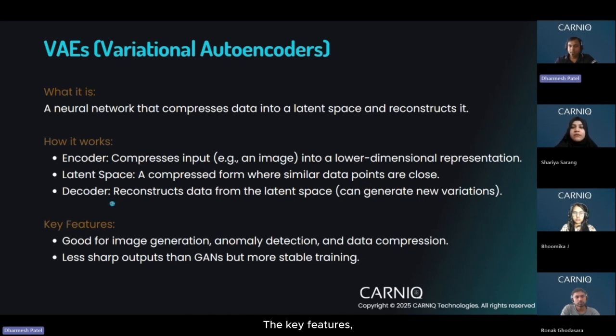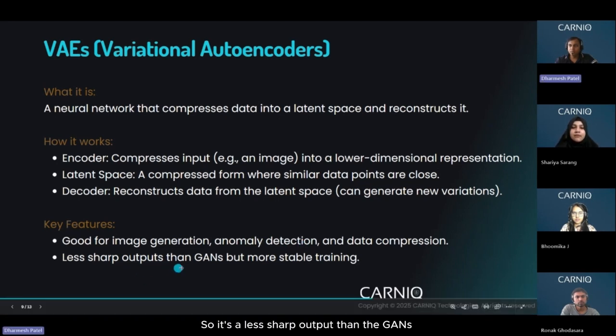The key features. What are the key features of this architecture? It's good for image generation, anomaly detection, and data compression. These are the features or use cases where this is being used. One example, as I mentioned, is OpenAI coming up with Sora for image generation.